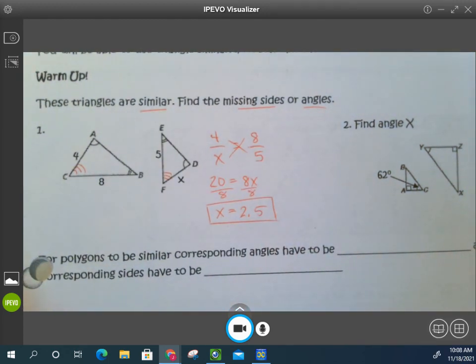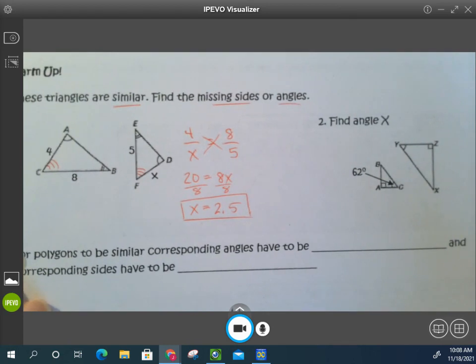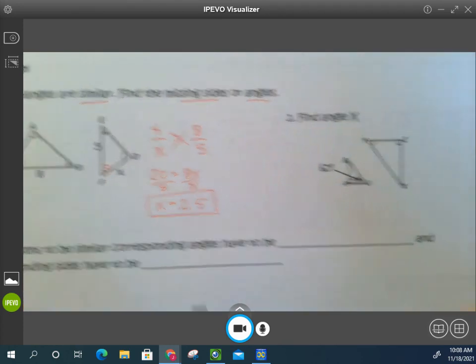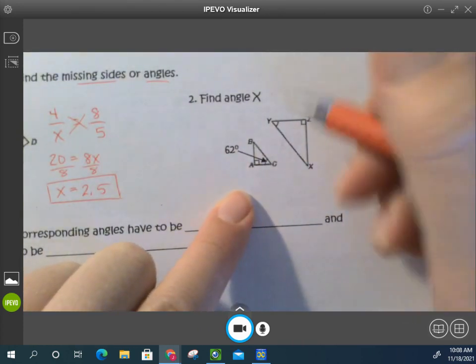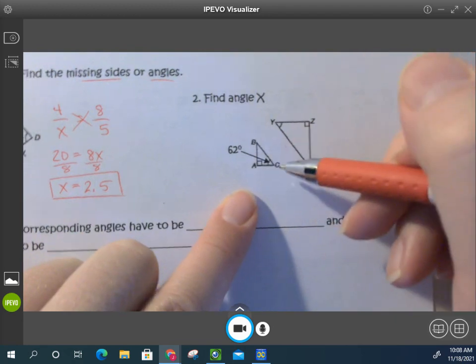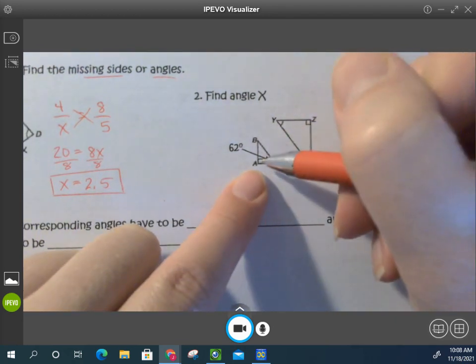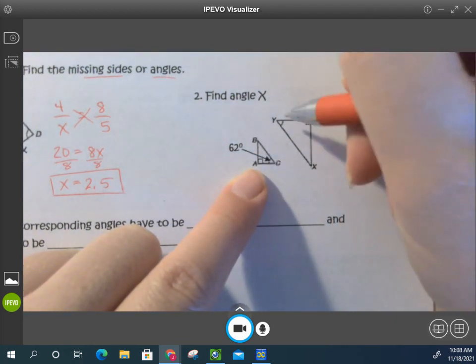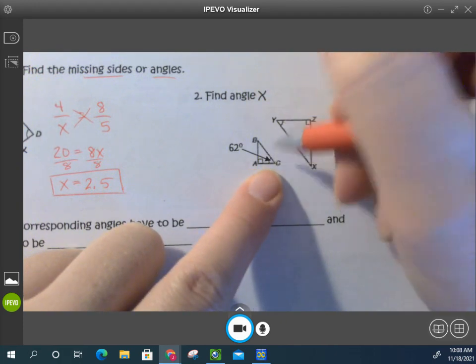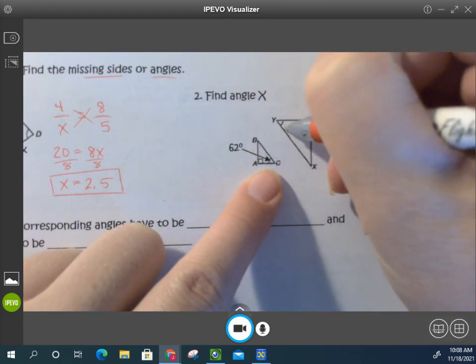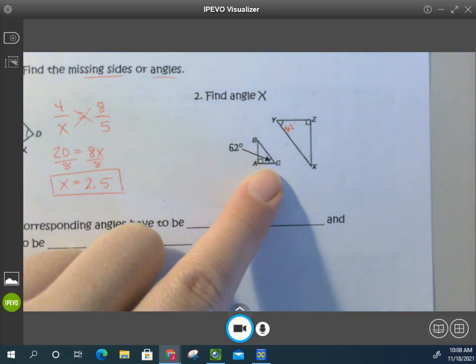All right, so go ahead and look at number 2. Now we know nothing about the sides, but we do know some information about angles. So remember, we know they're similar. In number 2, I know that there's always 180 degrees in a triangle. If you look at this, both of these are 90, and angle Y is congruent to angle C. So if C is 62 degrees, then Y is 62 degrees.